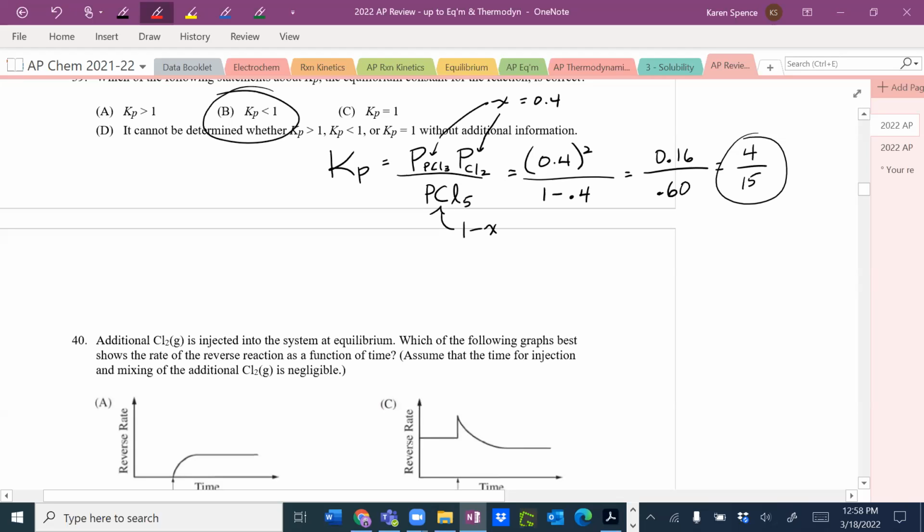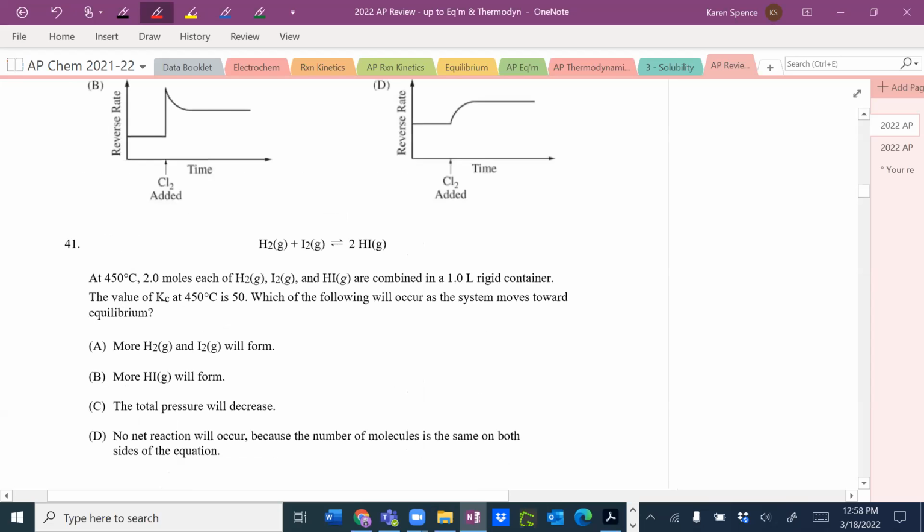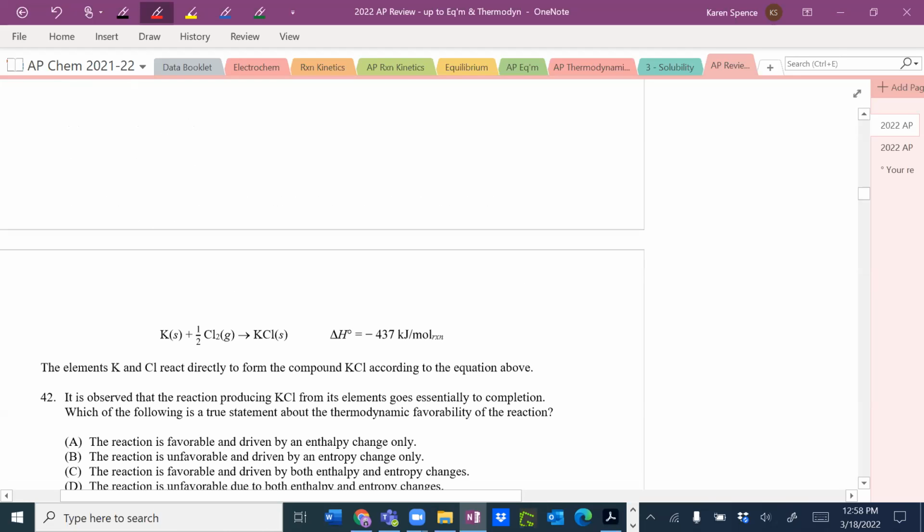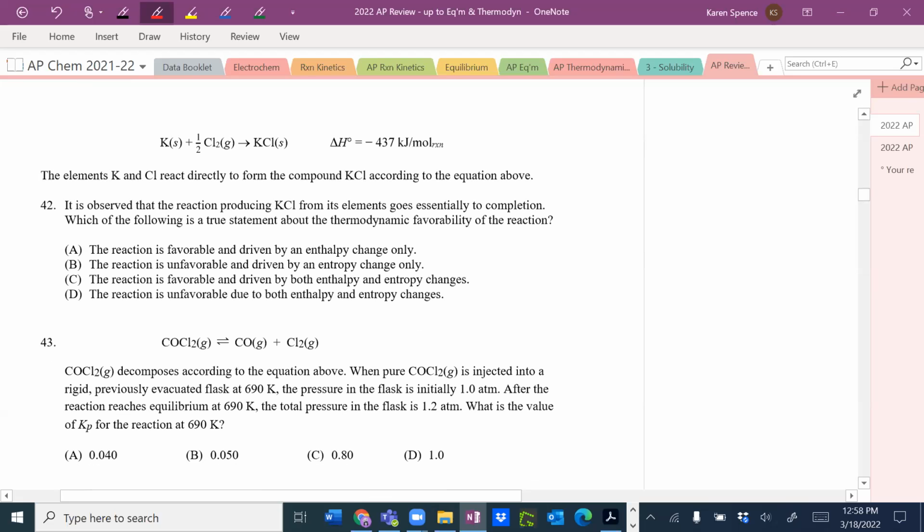42. And I think this will be our last question. 42, it is observed that the reaction between KCl and its elements goes essentially to completion. Which of the following statements is thermodynamically correct about the favorability of the reactants? So our heat term is here. The reaction is favorable. They react directly to form that. It goes to completion. So that means it's favored by enthalpy.